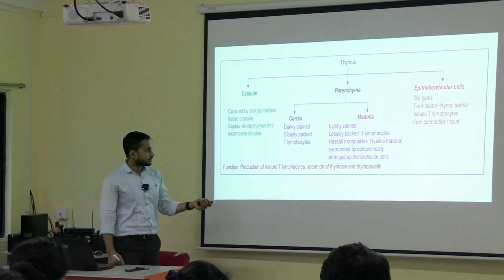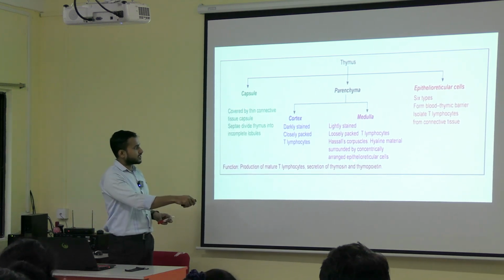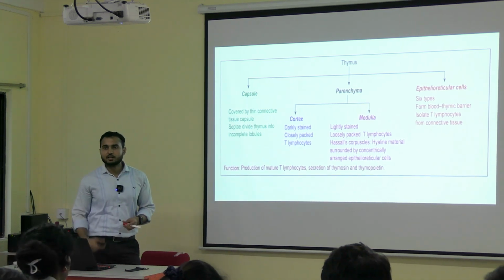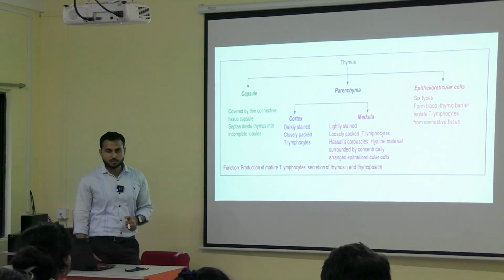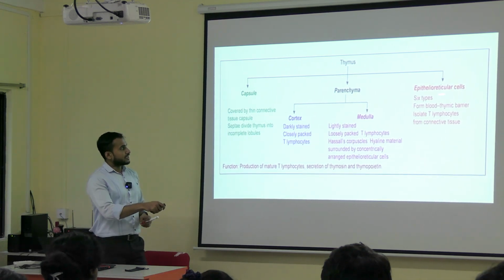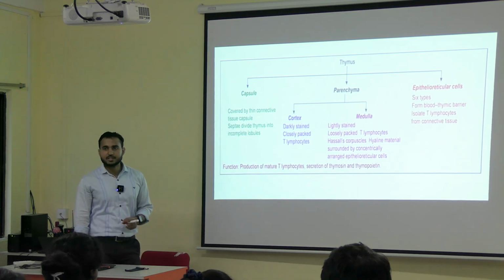Here you can see hyaline material surrounded by concentrically arranged epithelio-reticular cells, also called thymic epithelial cells or thymus epithelial cells. Next, epithelio-reticular cells. As I said, 6 different types of thymic epithelial cells are present.